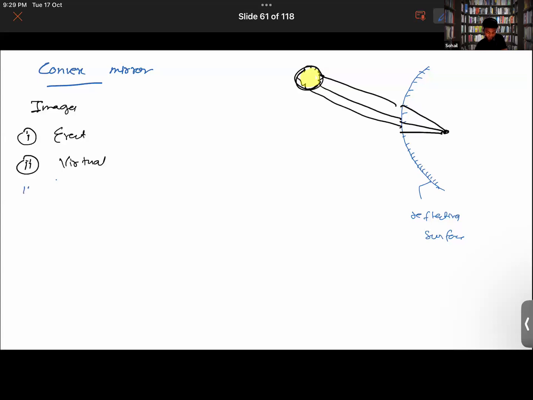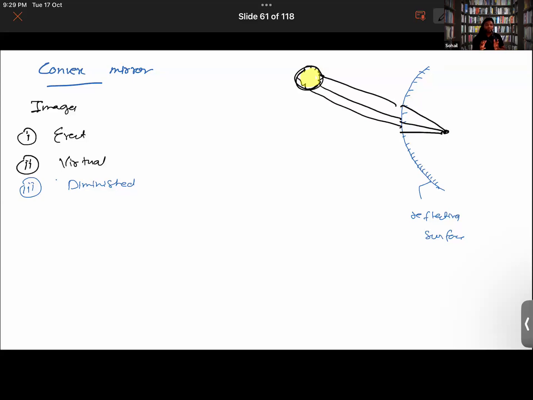The third point about it is that it will be diminished. That is the reason why it is used in rear-view mirrors in vehicles, so that it gives the driver a large area of view.